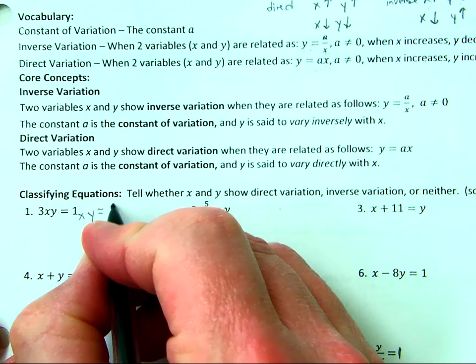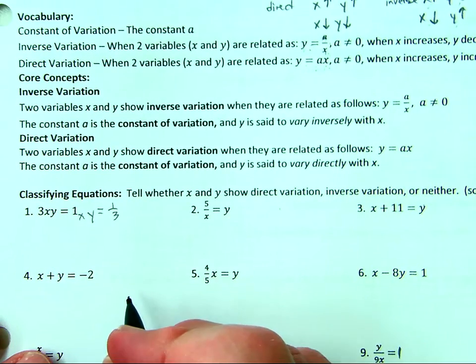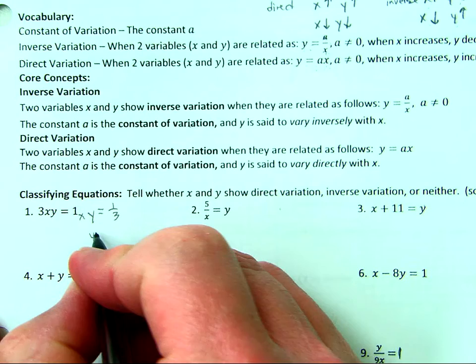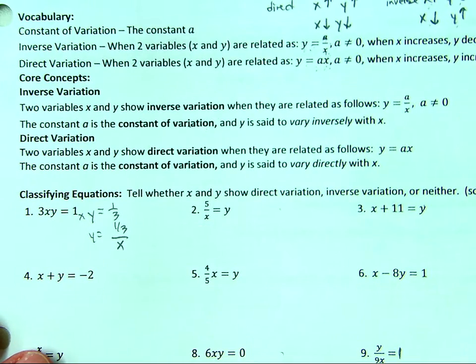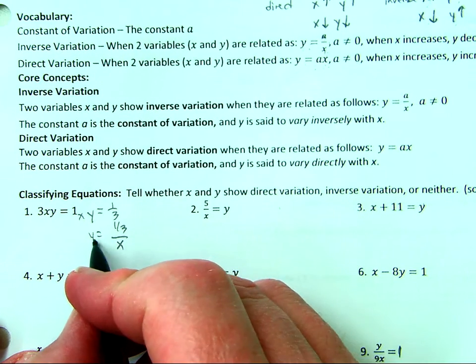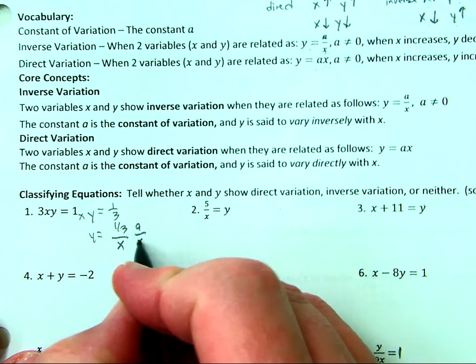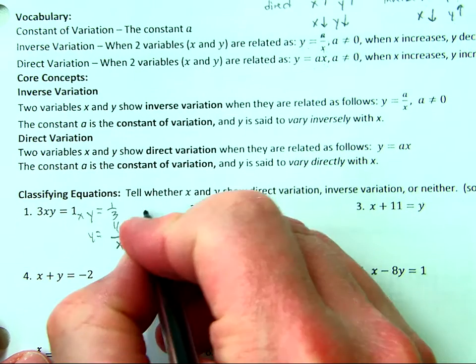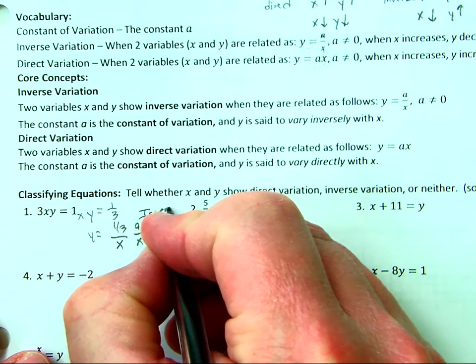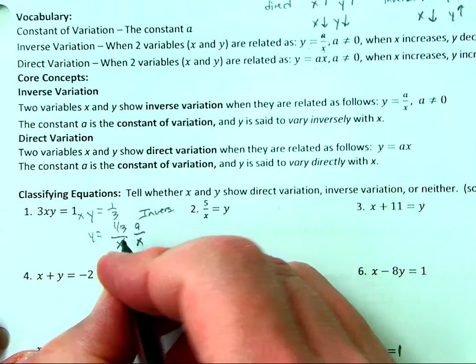So xy equals 1/3. Now I'm going to divide by x. I'm going to leave this 1/3 on the top and put an x on the bottom. Now if you look at that, do you see that that could be y equals a over x, where here your constant is 1/3? So that's an inverse variation, because it matches a constant over x.